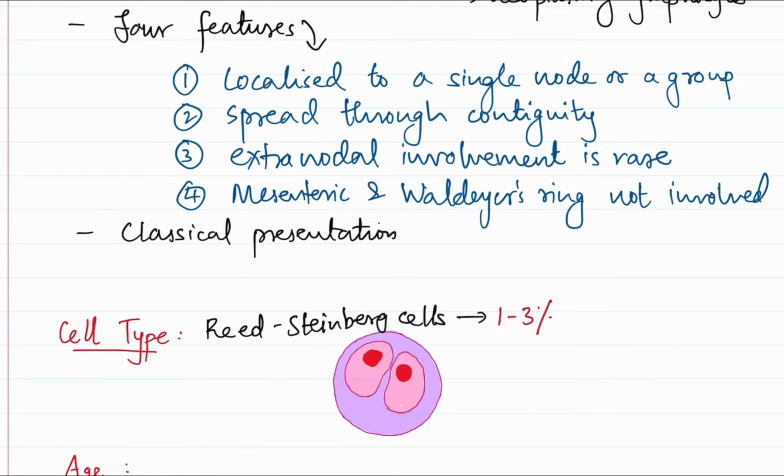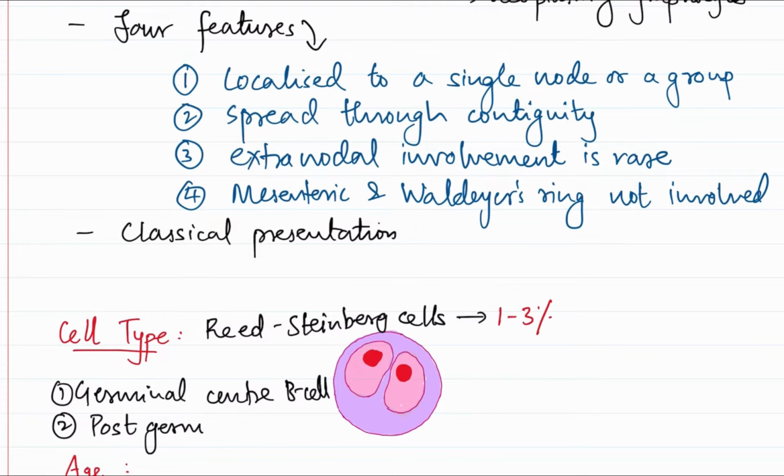So what are these Reed-Sternberg cells and where do they originate from? They originate from either the germinal center B cell or the post-germinal center B cell. These two cells will develop into Reed-Sternberg cells. Now, how do we describe an RS cell?